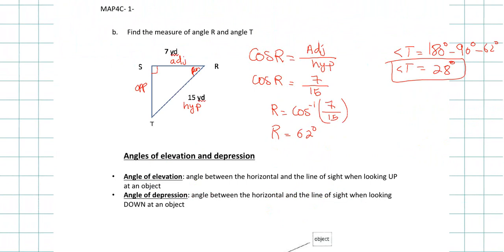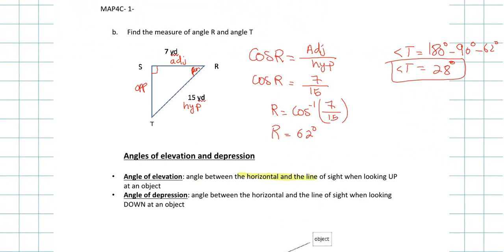Let's say I'm looking up at the clock, and I measure that angle of elevation from my eye to the clock. That angle is measured from a horizontal line coming out of my line of sight with the line that it makes with the clock, and that is my angle of elevation. The important part is that it's measured from the horizontal line.